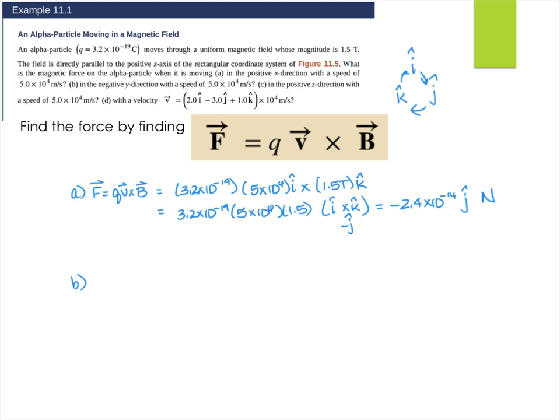In B, the problem is similar, but I've just changed my velocity to be in the negative y direction.